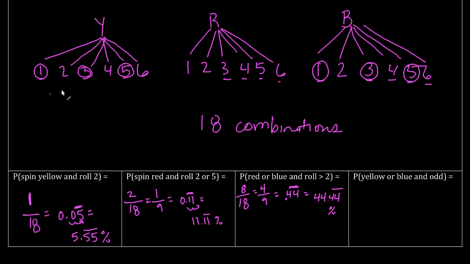So 1, 2, 3, 4, 5, 6. 6 out of 18 combinations, which is 3 out of 9, which is 1/3, which is 0.33 repeating, which is 33.33 repeating percent. And that is it.